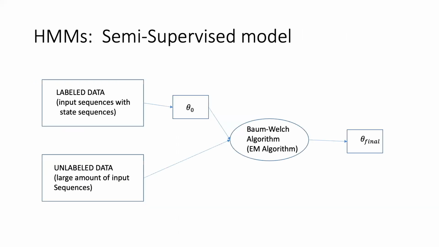Let's see how to do it for semi-supervised learning. Let's say some data is labeled. Then we can get the initial estimate using the supervised approach, and from the unlabeled data, we can use the EM algorithm to estimate the maximum likelihood, which is an iterative approach.